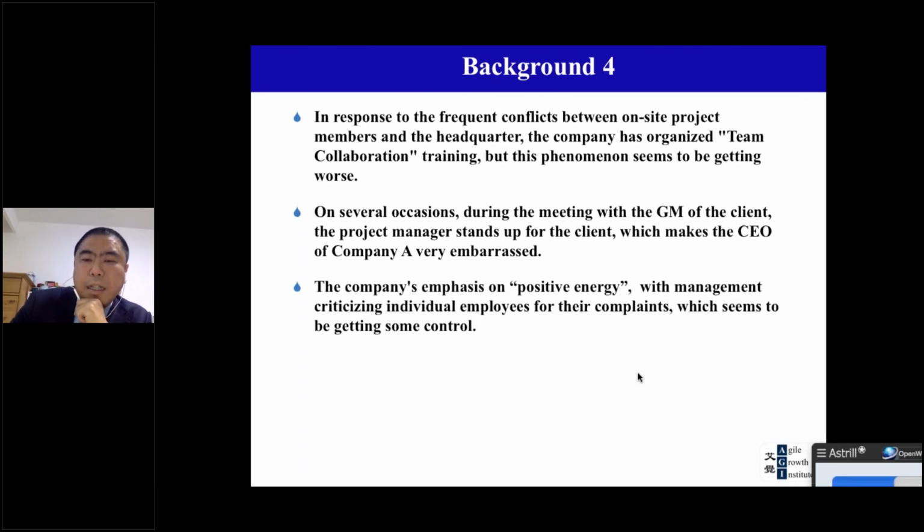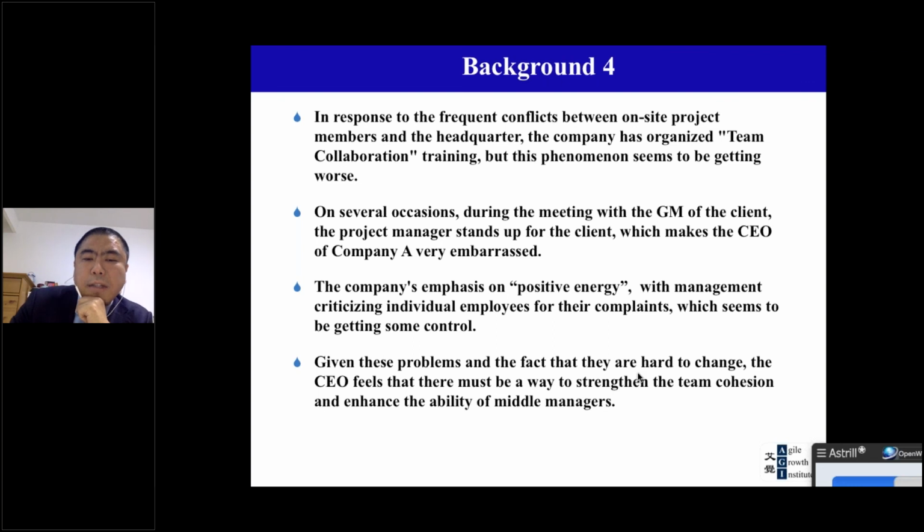The company's emphasis on positive energy, with management criticizing individual employees for their complaints, seems to be getting some control. Given these problems and the fact that they are hard to change, the CEO feels that there must be a way to strengthen the team cohesion and enhance the ability of middle managers.